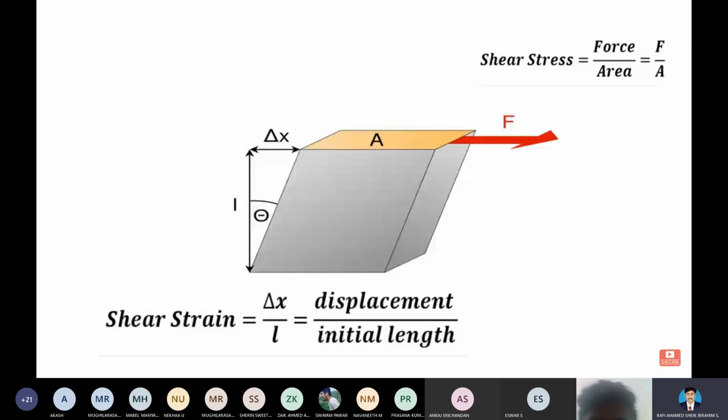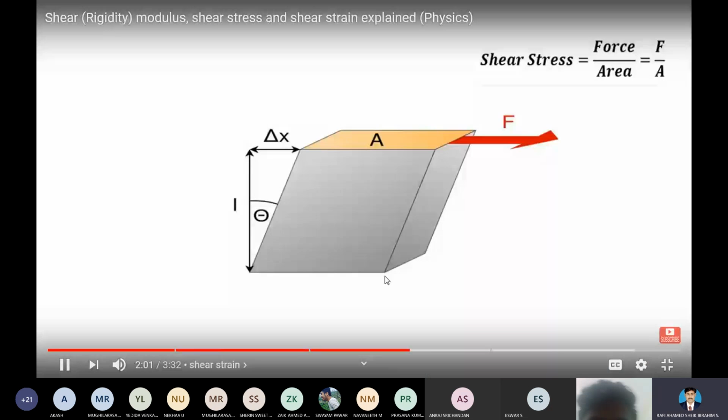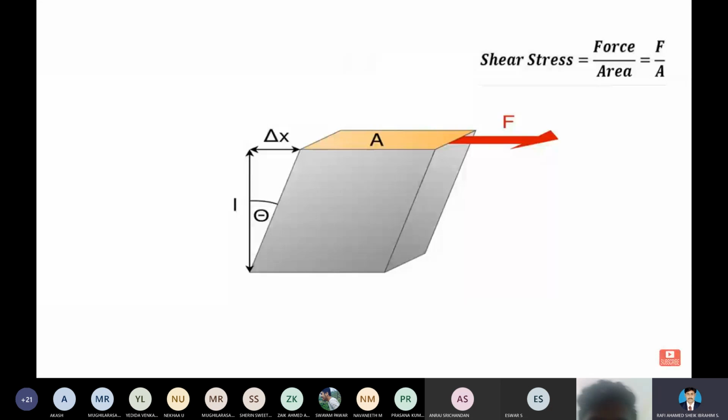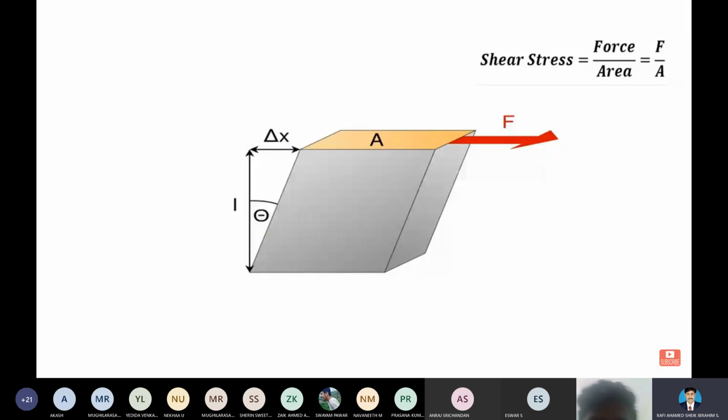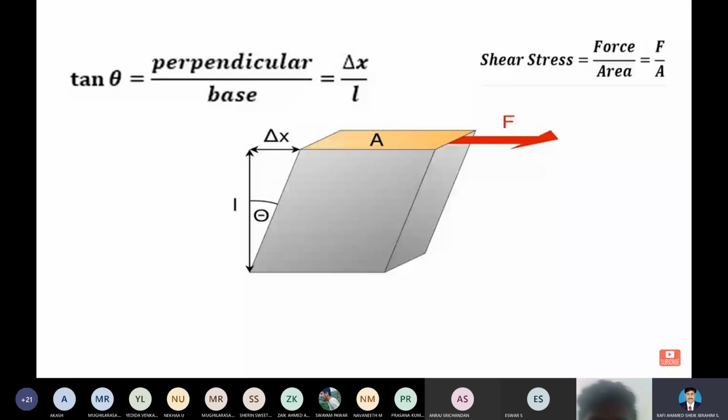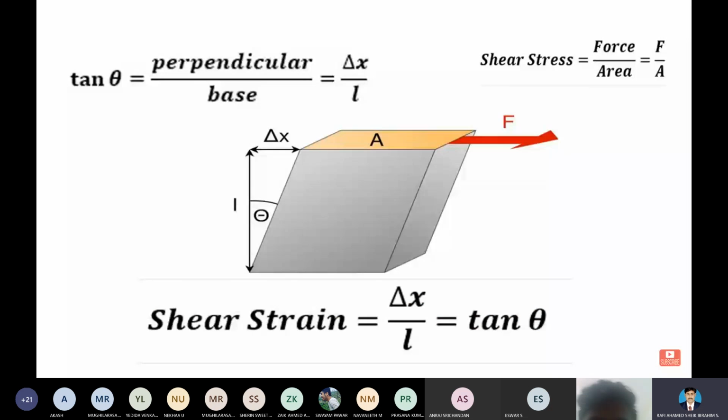So the shear strain is equal to del X divided by L. This shear strain can also be denoted in terms of theta. In this triangular shape, del X is the perpendicular, L is the base, and we know that perpendicular divided by base is equal to tangent theta. So del X divided by L is equal to tan theta, and the shear strain is equal to tan theta.